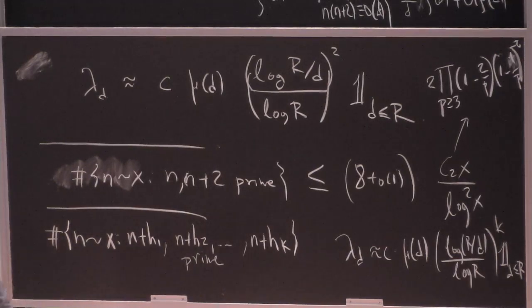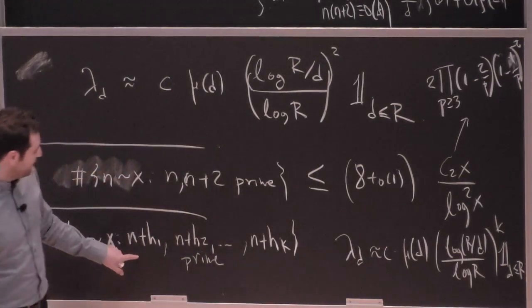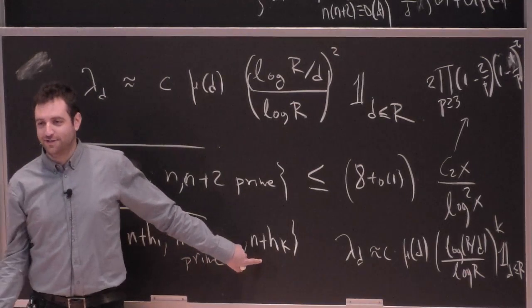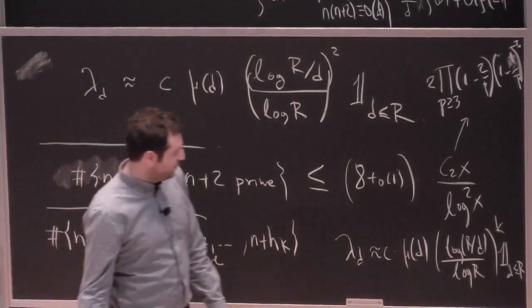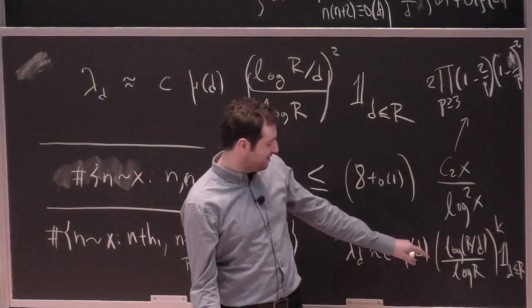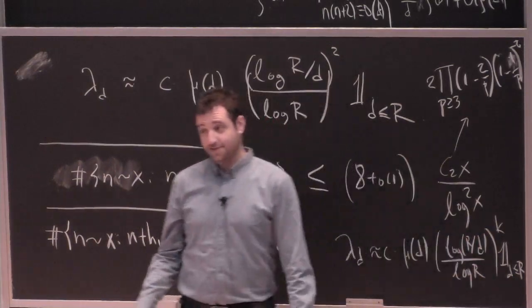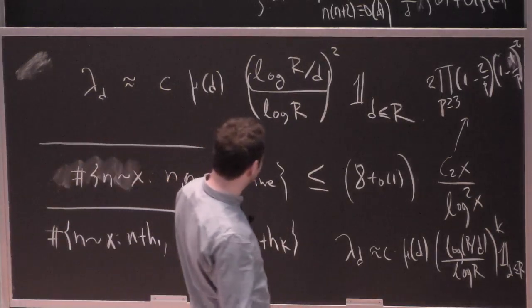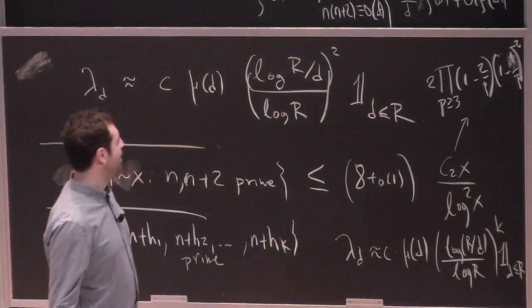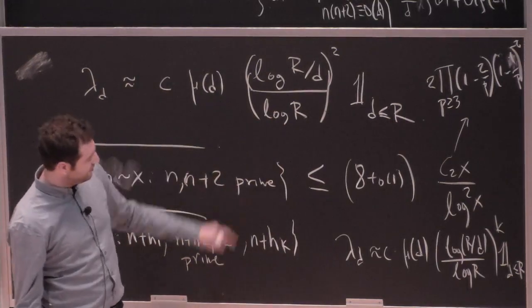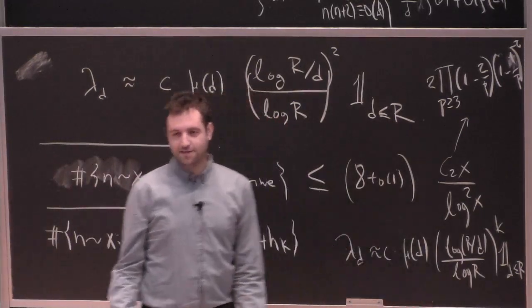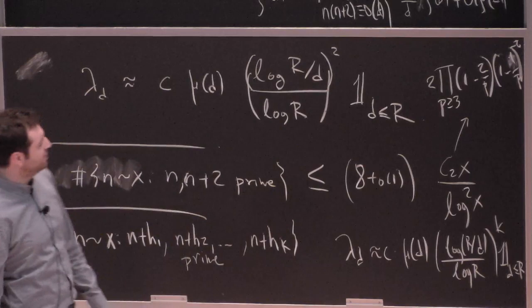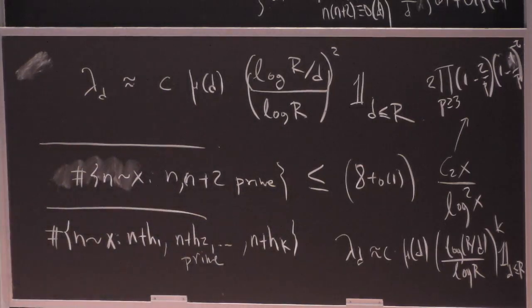What I want to observe is that when you want to detect more primality conditions, you have a higher power here, which implies that the decay is done in a smoother way. Here I only have 2 derivatives, and here I have k derivatives. Well, k minus 1, and here it's actually 1. Something like that.